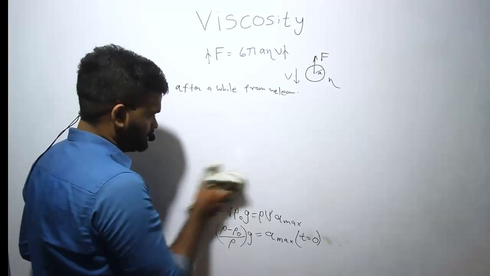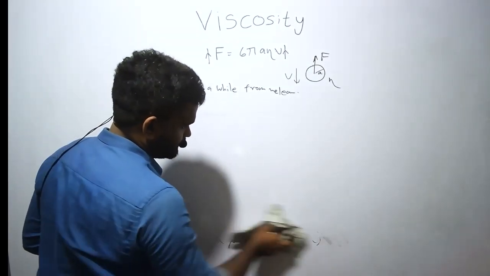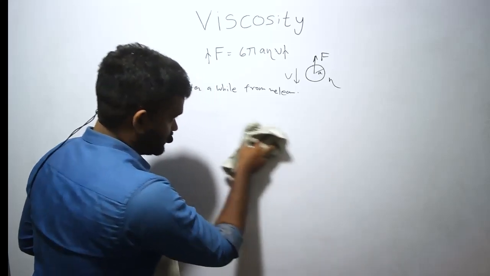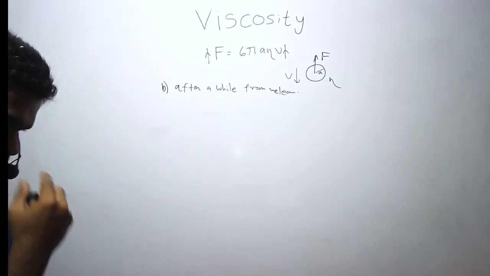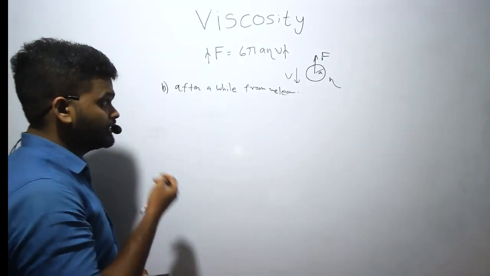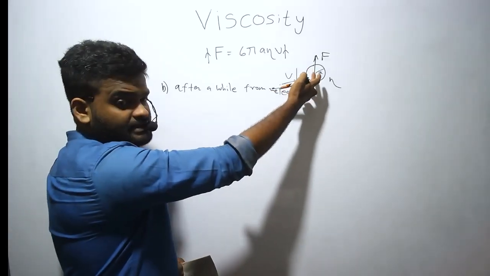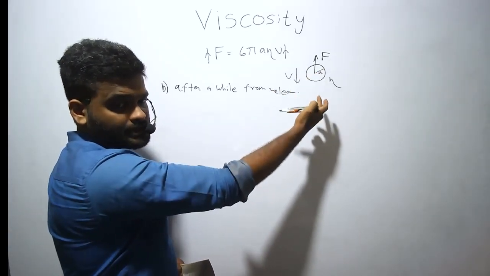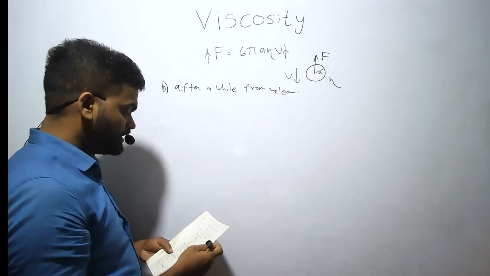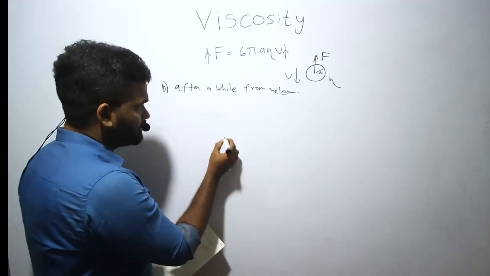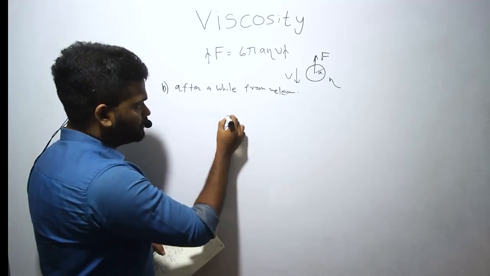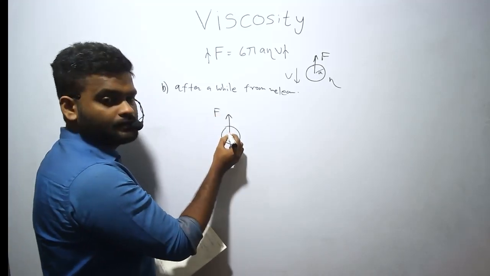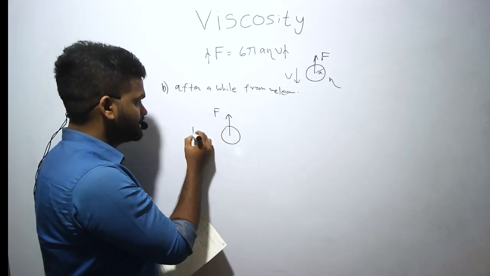Now what happens? It's been a while, not the initial moment. So this gains a velocity. Now this has a velocity. If it has a velocity, there is also going to be a viscous force acting in the opposite direction.